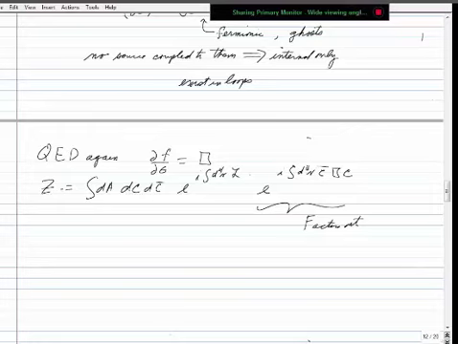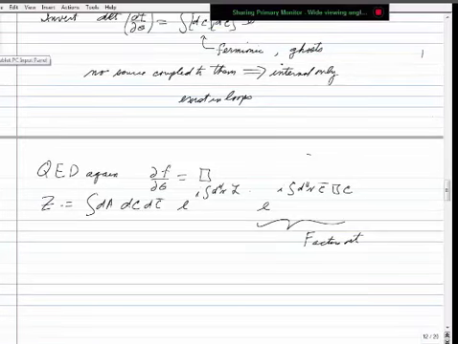Okay. So there's the Faddeev-Popov trick. You have this determinant. You exponentiate it with fermion fields. Okay.